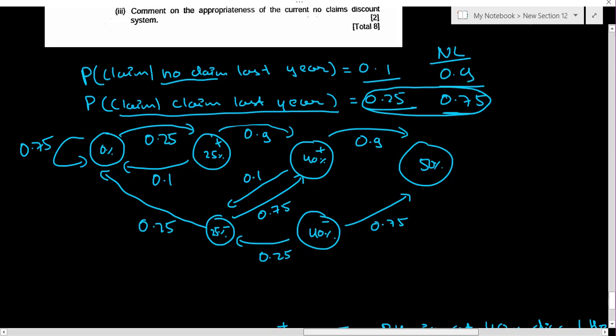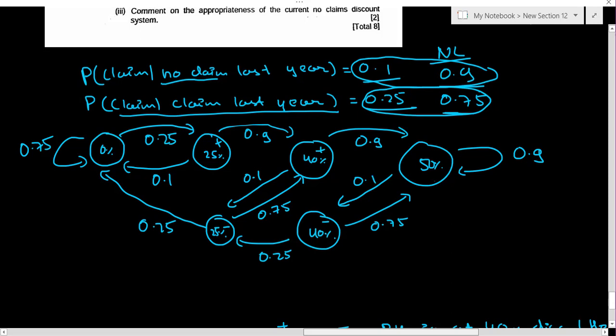And now if I talk about the 50% state, if you do not make a claim, being at the 50% level of discount in itself means that you did not make a claim last year. So these two probabilities will apply, right? Basically staying here is 0.9, and going back you'll always go back to a minus state, because that would indicate that you have made a claim, and that would be 0.1 in this case.